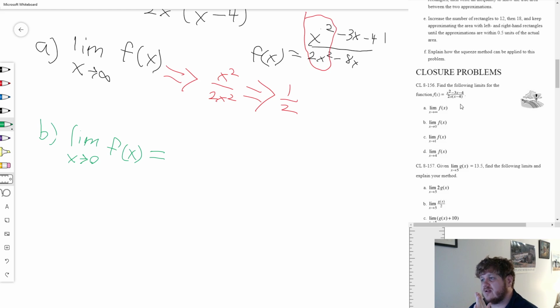Now, if we look at this function, to the left of it, we're going to plug in a value and see what our function looks like. So if we go to the left of it, say -1, then we still have a negative number in the top and we have a positive number in the bottom.